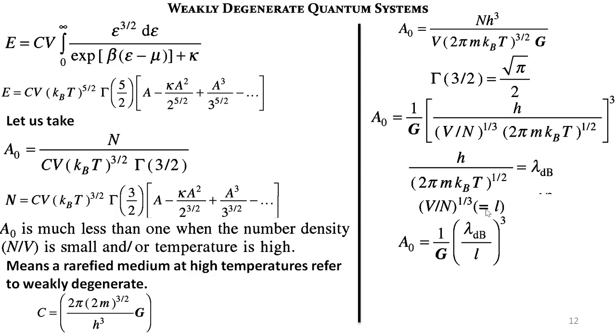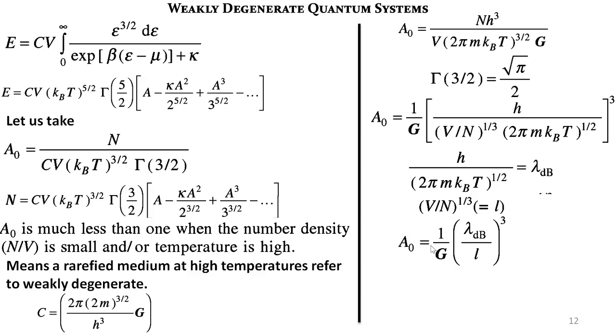We are saying, say, L, and this can be related to interparticle separation, isn't it? This is the volume for each particle, and if it is coming from a cube of length L, it means one particle is placed in a cube of length L. So this is volume per particle. So what will be the interparticle separation? Typically of the order of L. That's what we have applied here.